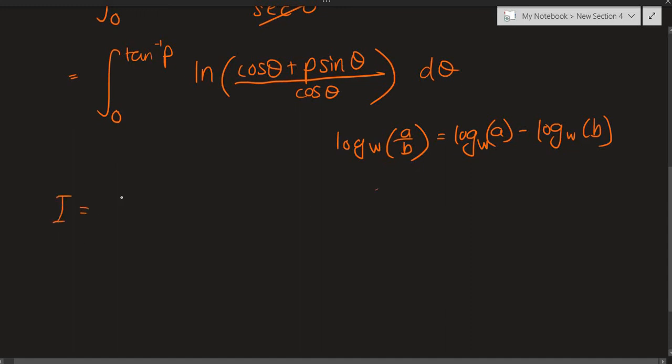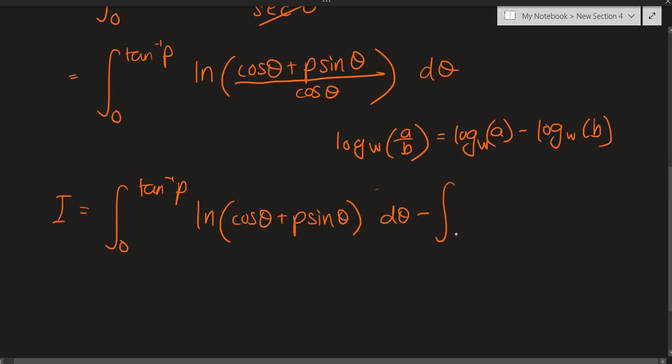So now we have I equals the integral from 0 to inverse tangent of p of the natural log of cosine theta plus p times sine theta d theta, minus the integral from 0 to inverse tangent of p of the natural log of whatever was in the denominator, cosine theta, d theta.